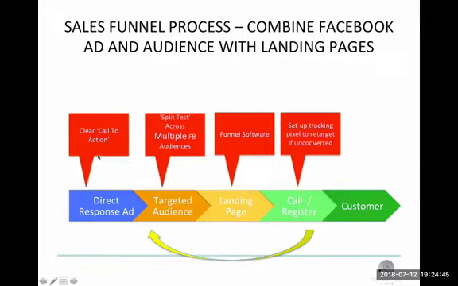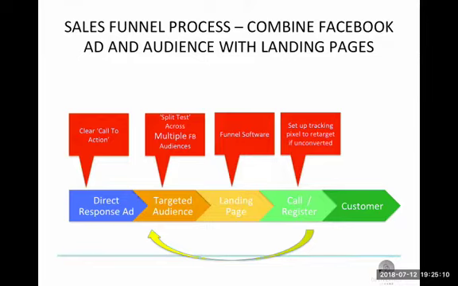Then we only show the ads to the people we know are going to be interested, because we can actually choose who gets to see the ad. That's right. This is the great thing about Facebook. You can choose exactly the type of person you want to see your ad. So you're not wasting time showing your ads to people who are never going to buy your services, and you're only showing it to people that will have a genuine interest in your services.